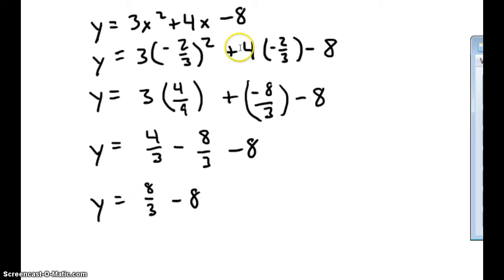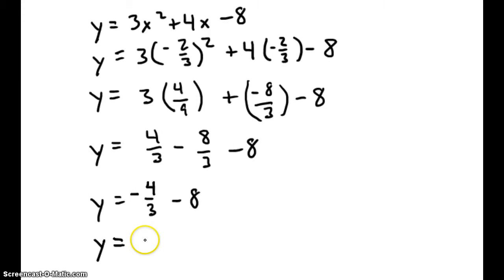And what am I doing? I'm messing up left and right here. Negative 4/3 plus 8. And then if I subtract those from each other, I get negative 9 and 1/3.